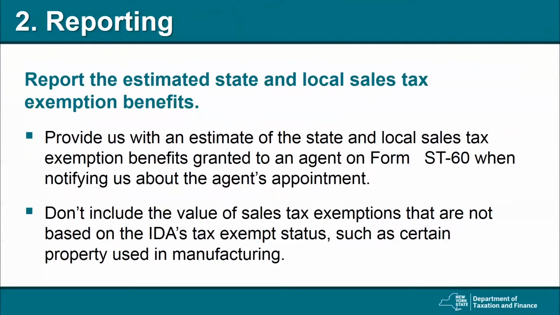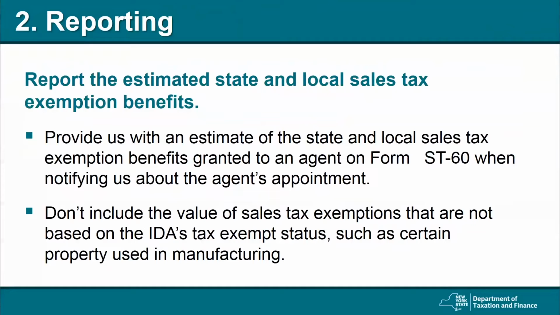Both of these are on our website, obviously, if you don't have them. This report has to be made, again, within 30 days of granting the benefits. And since the ST60 is due in the same exact time frame, we just added the sales tax amount to that form.